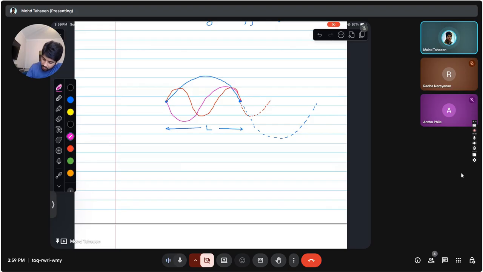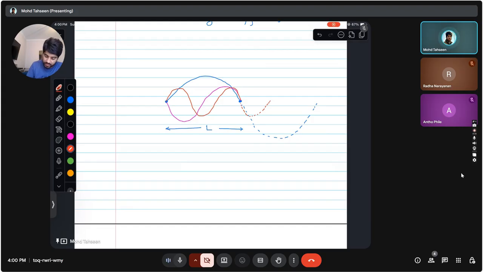The pink one has completed 1 full cycle. And the red one will complete 2 cycles after this quarter propagation.